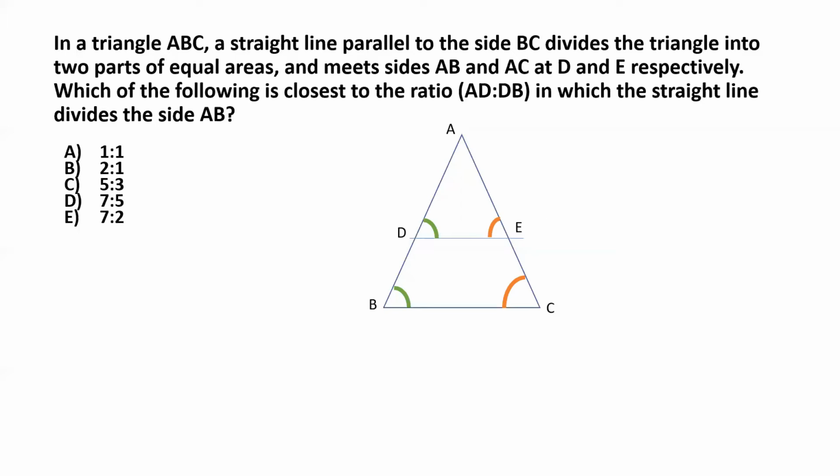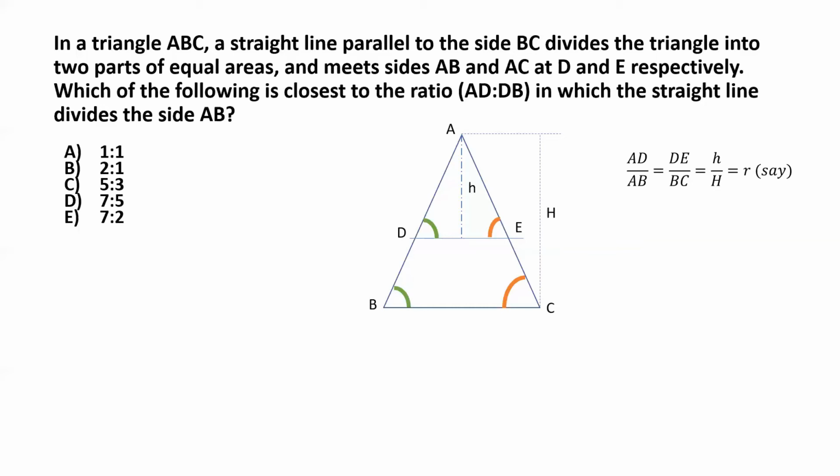So if we draw the altitudes, or the heights, of the two triangles, for the smaller triangle the height is represented by lowercase h, and for the bigger triangle the height is represented by uppercase H. So the ratio of the corresponding sides of triangles ADE and ABC, that's AD by AB equal to DE by BC, and also the ratio of the heights of the two triangles, should all be equal. And let this ratio be R.